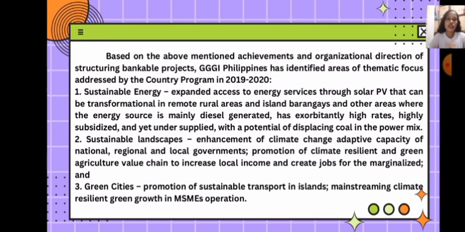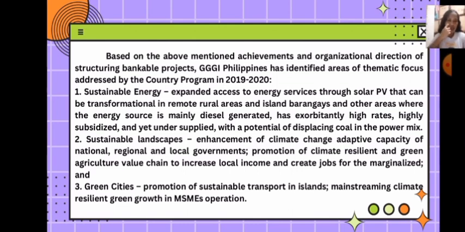where it expanded access to energy services through solar PV that can be transformational in remote rural areas and island barangays and other areas where the energy source is mainly diesel generated, has exorbitantly high rates, is highly subsidized, and yet undersupplied, with the potential of diversifying the power mix. Then second is sustainable landscapes.